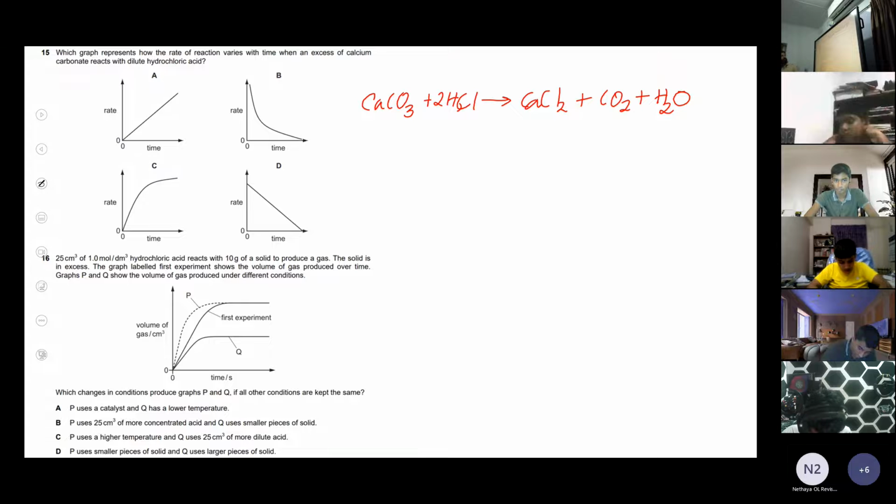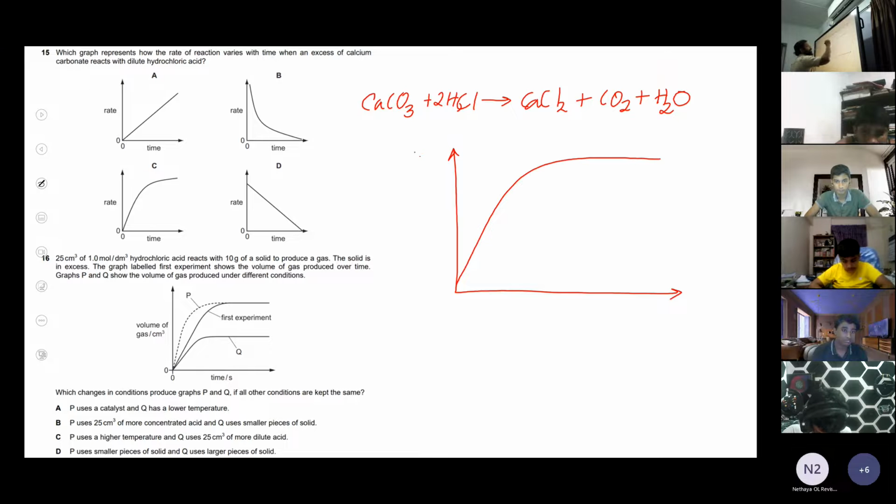Here they are measuring the rate, but surprisingly they haven't given either one, neither volume nor mass on the y-axis. They just have given you rate. So what happens to the rate of a reaction as time goes on? Increases and decreases.